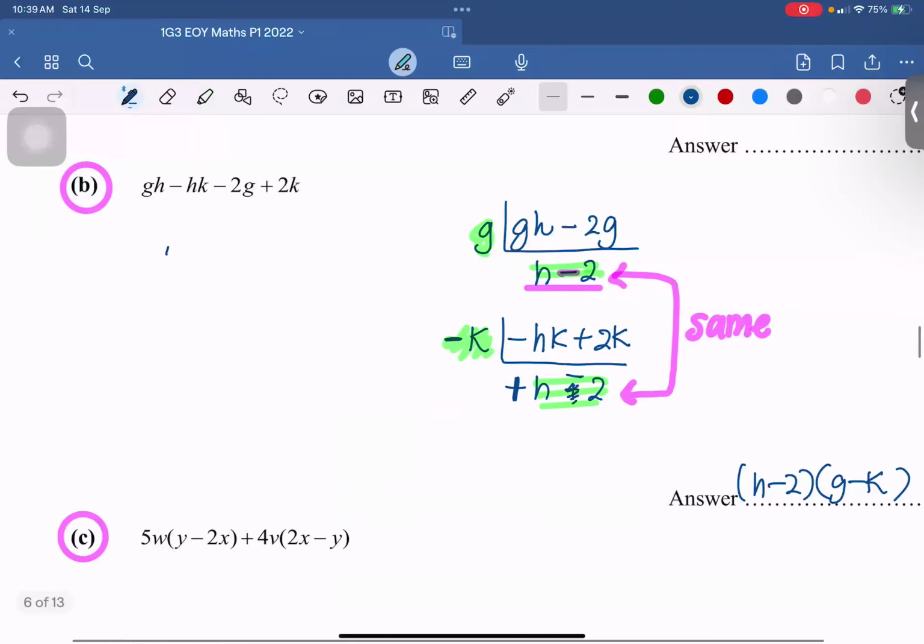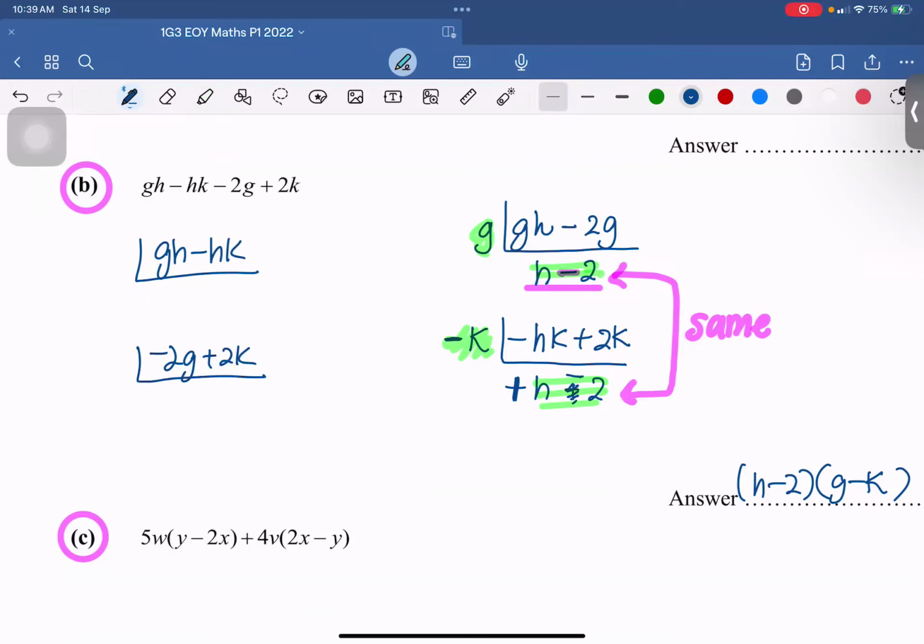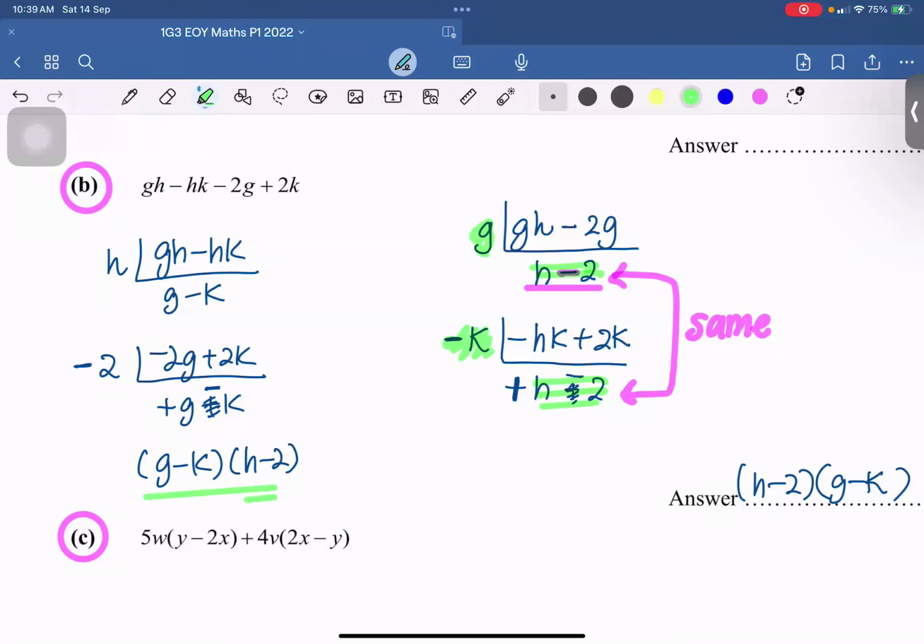If you do GH minus HK, and then negative 2G plus 2K, you can also get the same answer. Factorize out H, that will be G minus K. Factorize out 2, this will be negative G plus K. I'll factorize out negative 2, change the sign to negative. Then I'll get G minus K, H minus 2, which is exactly the same answer.